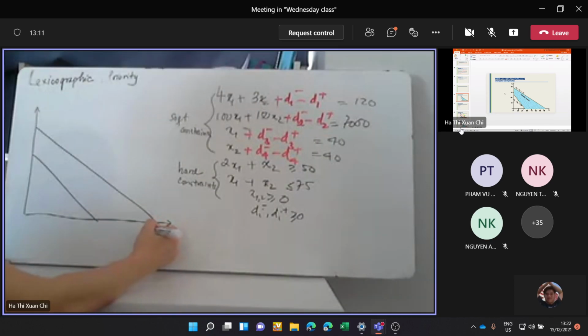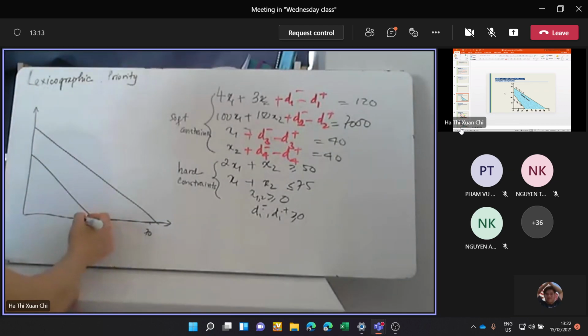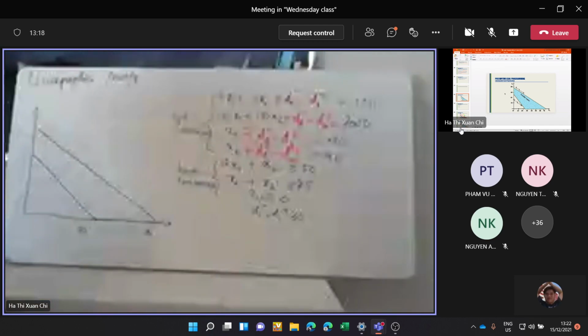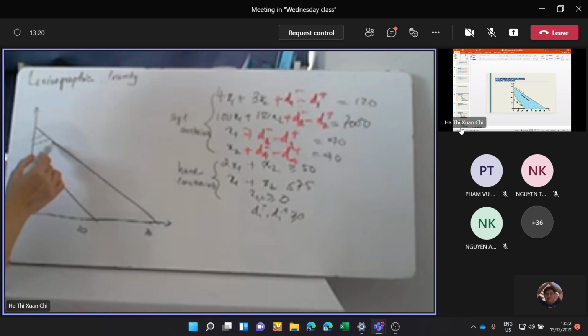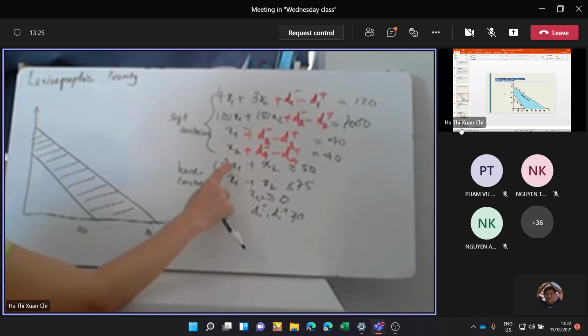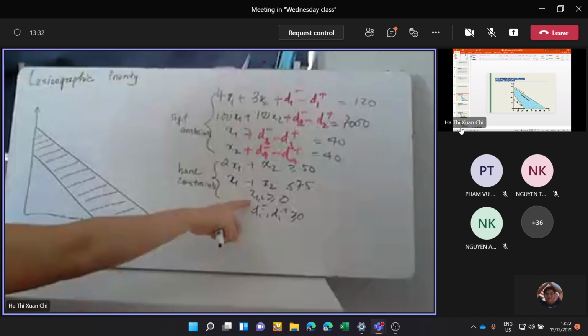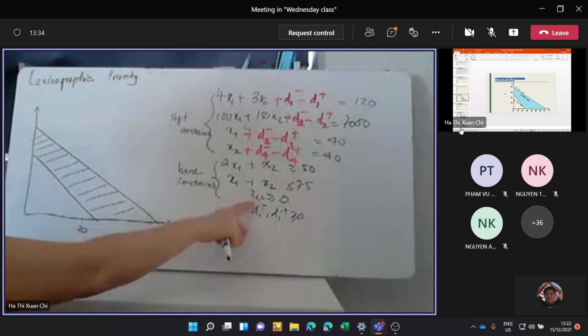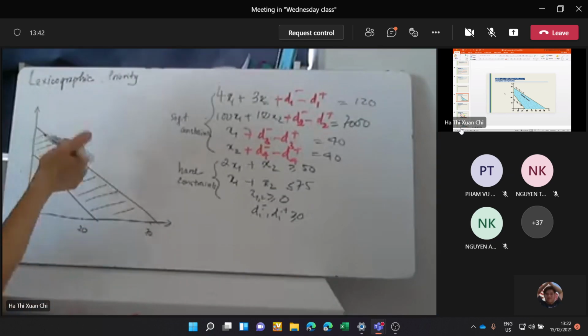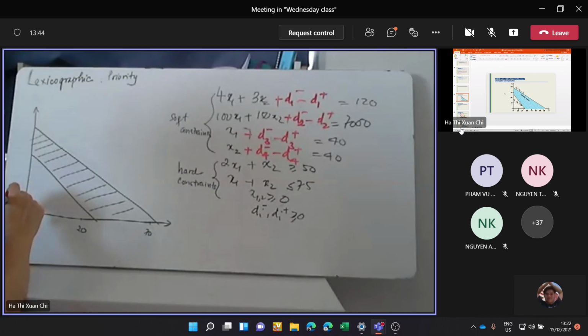This area comes from this constraint and this constraint. You have 1, 2, 3, actually 4 constraints, right? X1 greater than 0, X2 greater than 0. So here that is the hard constraints, and you come up with the feasible region.